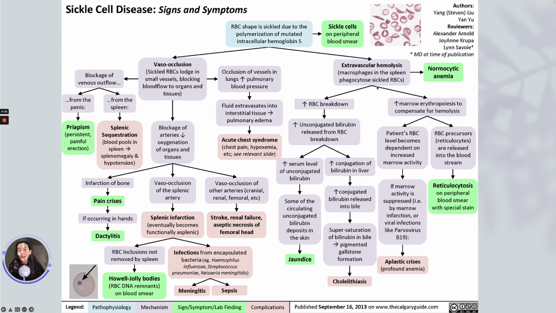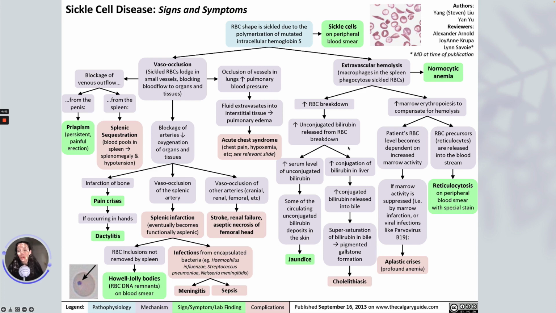Then there can also be, in sickle cell, extravascular hemolysis. That can lead to macrophages in the spleen phagocytosing sickled red blood cells, which can lead to normocytic anemia. It can also lead to an increase in red blood cell breakdown, which causes unconjugated bilirubin release.